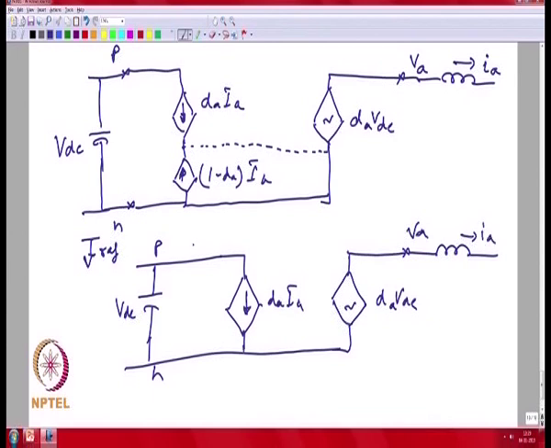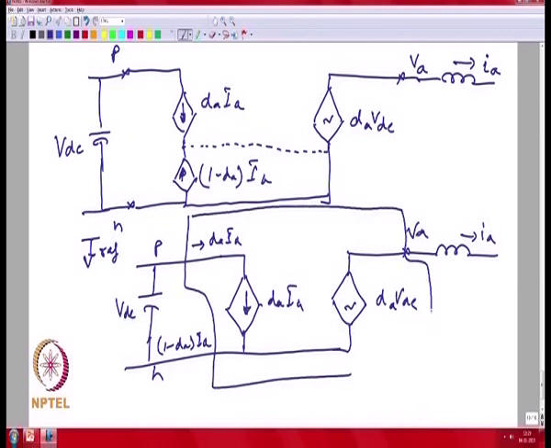So, this current is now automatically d_A I_A, and because this current is I_A, this current that is going through the negative DC bus is actually (1 minus d_A) I_A. So, it satisfies the same constraint as what is shown over here, and the inputs to this particular model are essentially your duty cycle, your I_A, and your VDC.